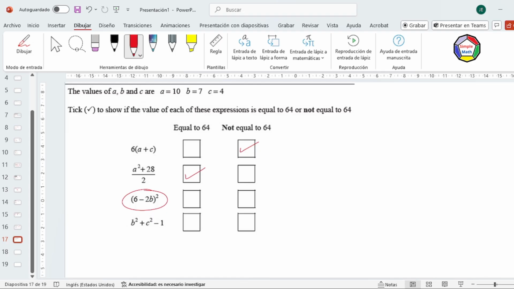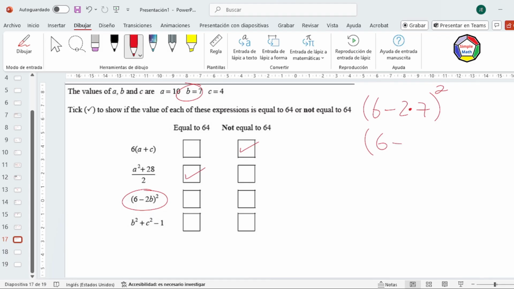It says, in parentheses, 6 minus 2b, all squared. But what is b? B is equal to 7, so we will substitute. So I have 6 minus 2 times 7, and everything is raised to the power of 2. Applying PEMDAS, I want to solve the parentheses first, but in the parentheses I have a multiplication to be solved.